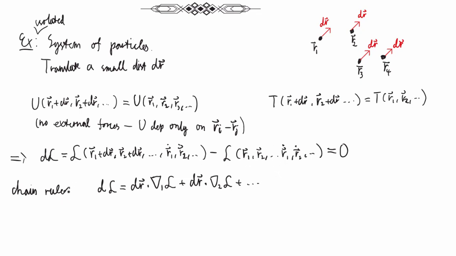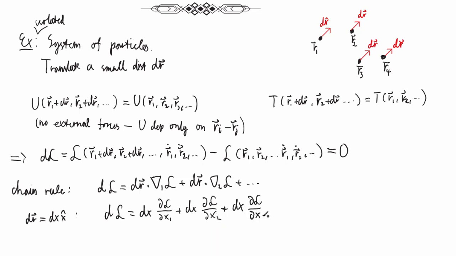Now, to make things a little simpler, I'm just going to say that dr is just in the x direction, so dr equals dx x-hat. That simplifies things a little bit. dL just becomes dx times partial L partial x1, plus dx times partial L partial x2, etc. And dL, of course, still equals 0.